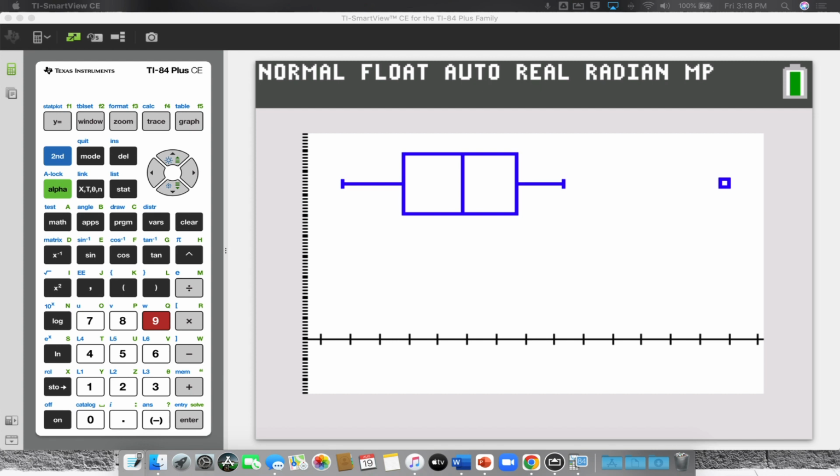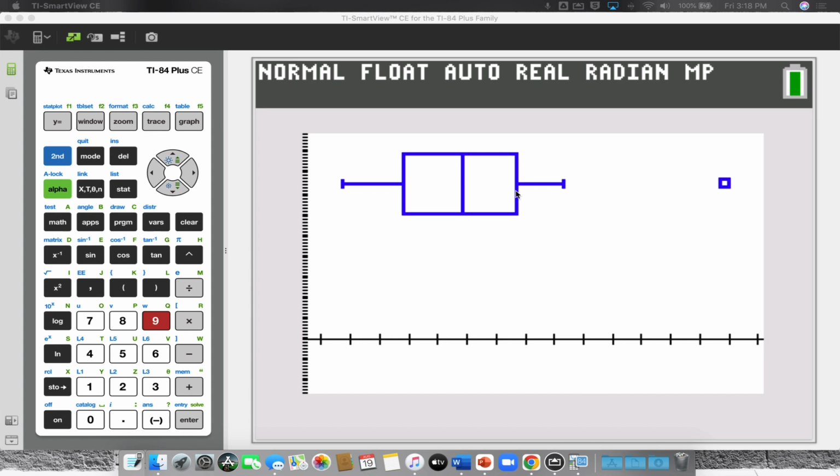Okay, so that's what the picture looks like. If you did a regular box plot, this whisker, we call the little lines whiskers, goes all the way out to this guy here. If you did a modified, it looks like that. The thing about doing a modified is that you kill two birds with one stone, because the next question is outliers.